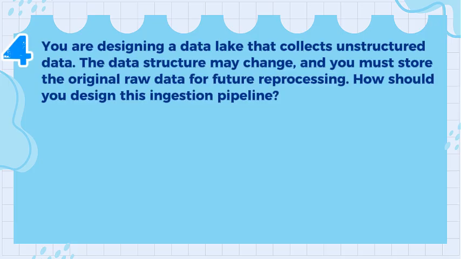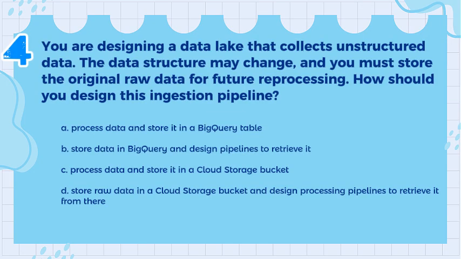How should you design this ingestion pipeline? The choices are A. Process data and store it in a BigQuery table. B. Store data in BigQuery and design pipelines to retrieve it. C. Process data and store it in a cloud storage bucket. D. Store raw data in a cloud storage bucket and design processing pipelines to retrieve it from there.